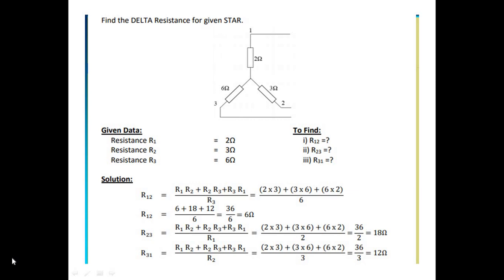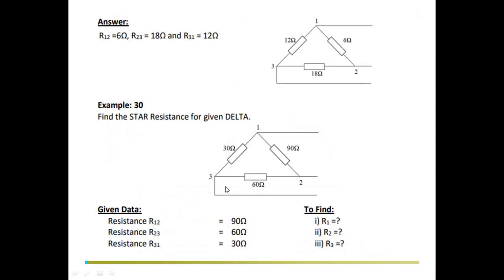And 2 into 3 plus 3 into 6 plus 6 into 2, divided by 3, that is 36 divided by 3, is equal to 12 ohm. Answer in delta connection: R12 6 ohm, R23 18 ohm, R31 12 ohm.